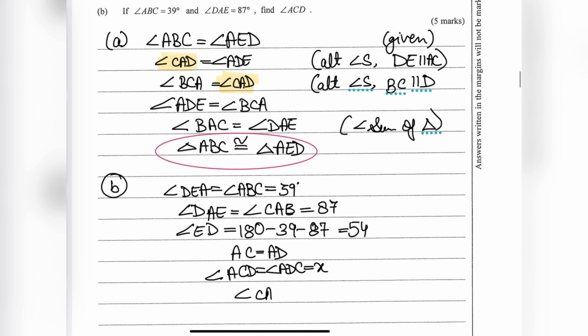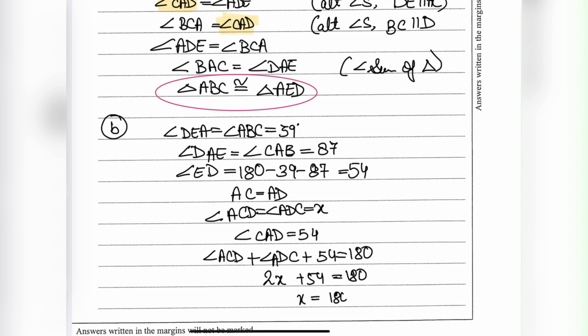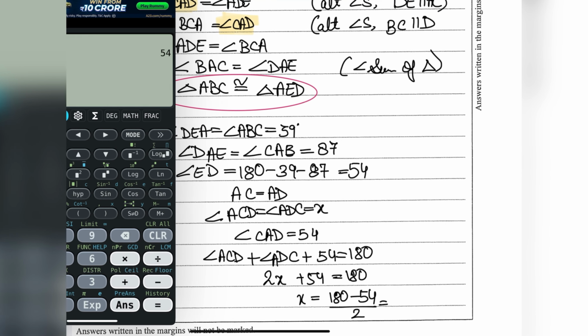By the sum of the triangle, ACD plus ADC plus 54 equals 180. Let's say they both are X, so X is 180 minus 54, divided by 2, which is 63.